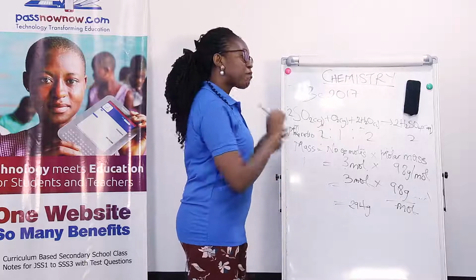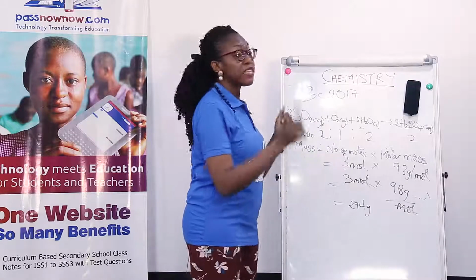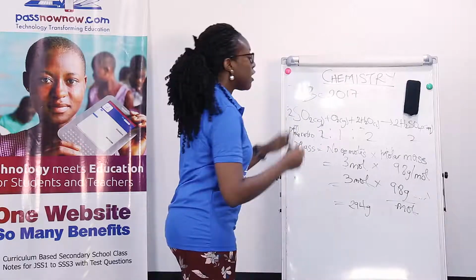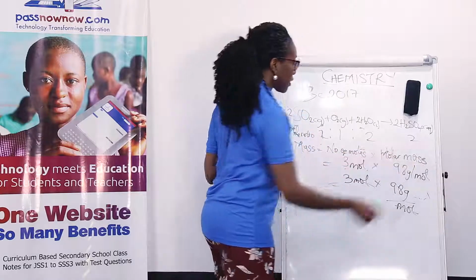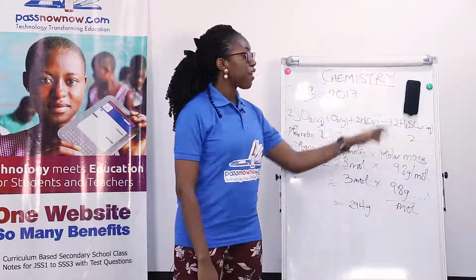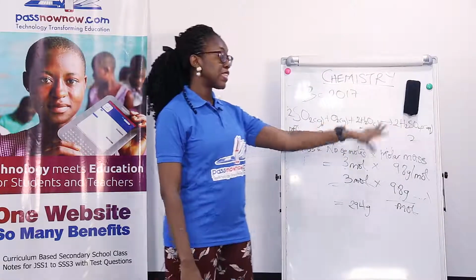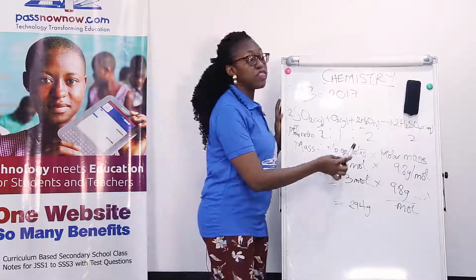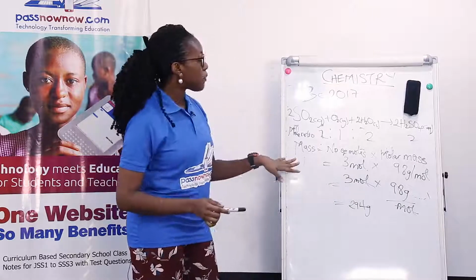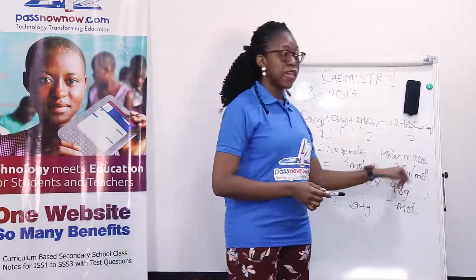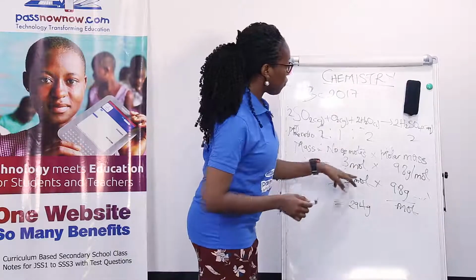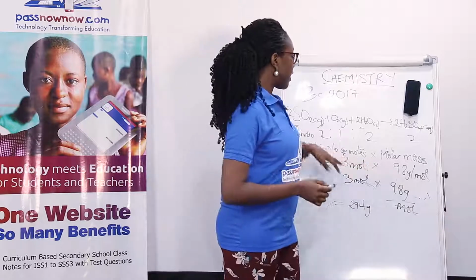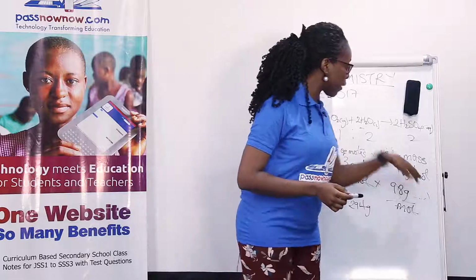Now, to find the mass of hydrogen tetraoxosulfate(VI) acid produced, the formula for mass is number of moles times molar mass. The number of moles of hydrogen tetraoxosulfate(VI) acid produced we found to be 3 moles, and the molar mass we calculated to be 98 grams per mole. Now, to find the mass, 3 moles times 98 grams per mole.